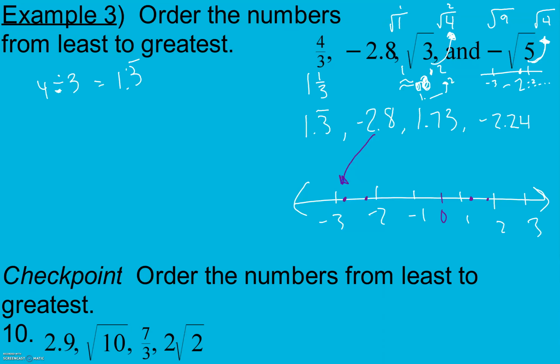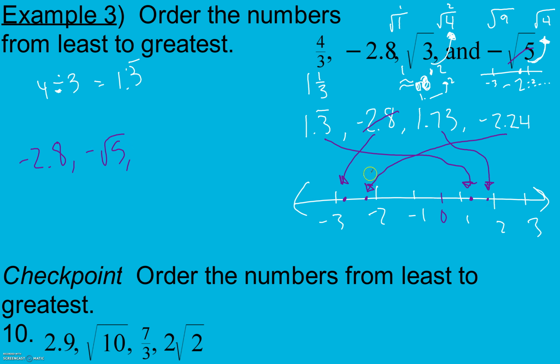So, first we have negative 2.8, which again, if we used our decimals, we could see that as well. Then we have negative square root of 5.